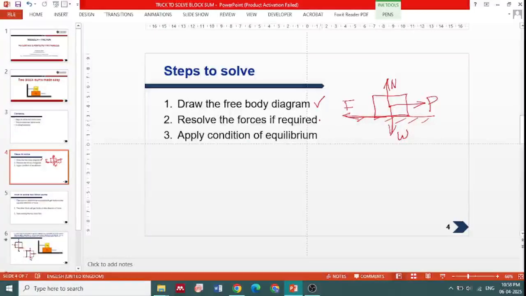The second step is to resolve the forces if required, and the third step is to apply conditions of equilibrium in 2D. So we have the conditions of equilibrium: sigma Fx equals 0, and sigma Fy equals 0. With these steps we can easily solve a two block sum.